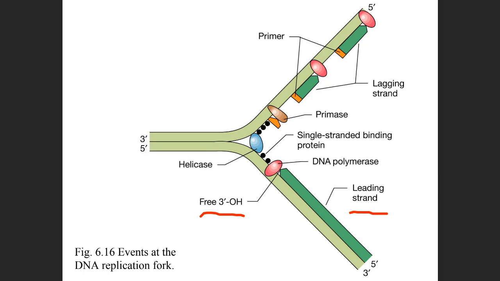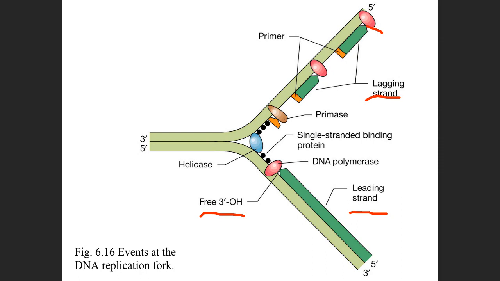Okay, that's straightforward. Now, the harder part is to understand the lagging strand replication. Why? Because the template is 3' to 5', and so the 5' is here, so this is a 3' end. The direction is going away. So now you actually have to prime it much more often.